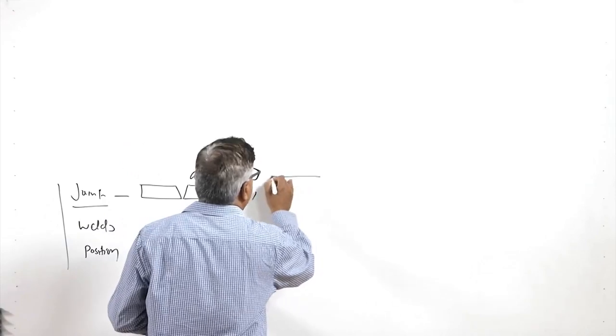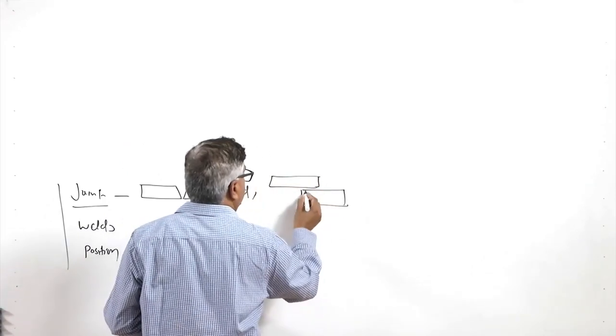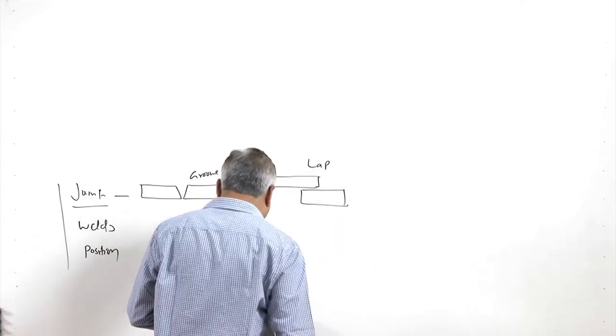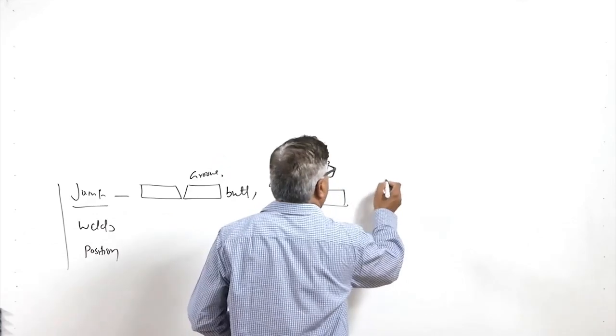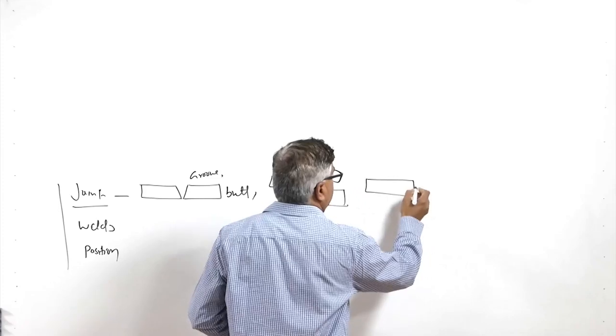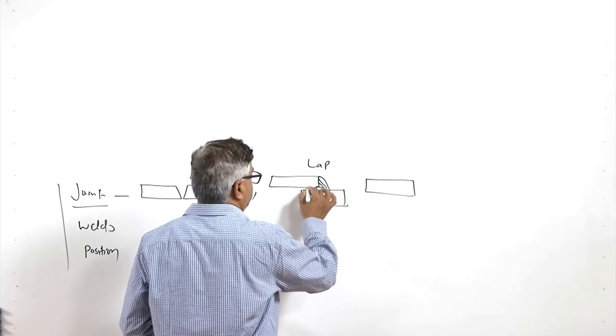Then we have the lap joint, where the plates to be joined are kept in overlapping positions. Then we have a corner joint, wherein the plates to be joined, like the lap joint, may be made like this or at the interface.